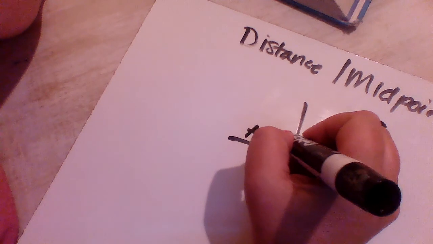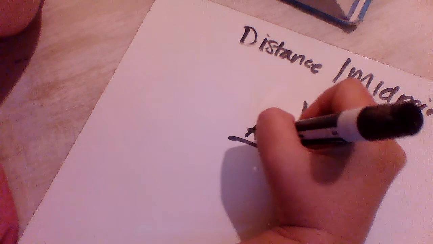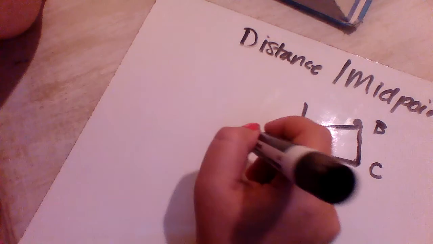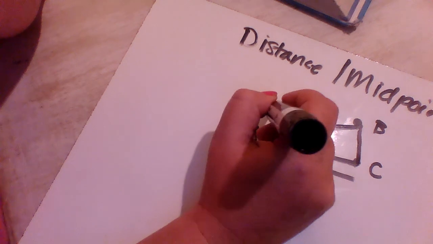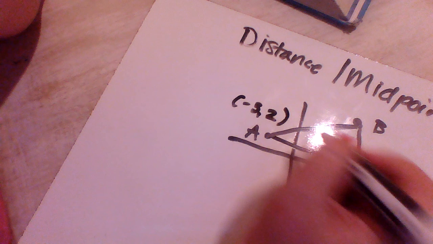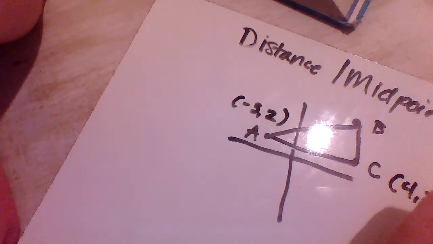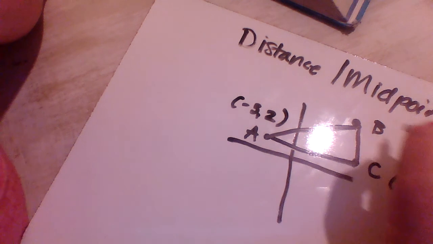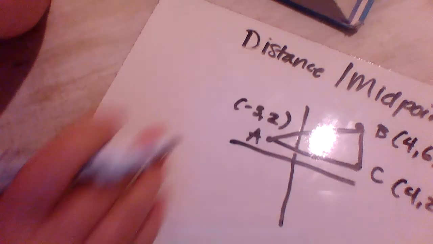It makes it a little confusing, but I'll give you the points there. And so the A is going to be this point. It's not exactly to scale, but let's say it's (-3, 2). So back 3 and then up 2. And then our point C is (4, 2). And our point B is (4, 6).